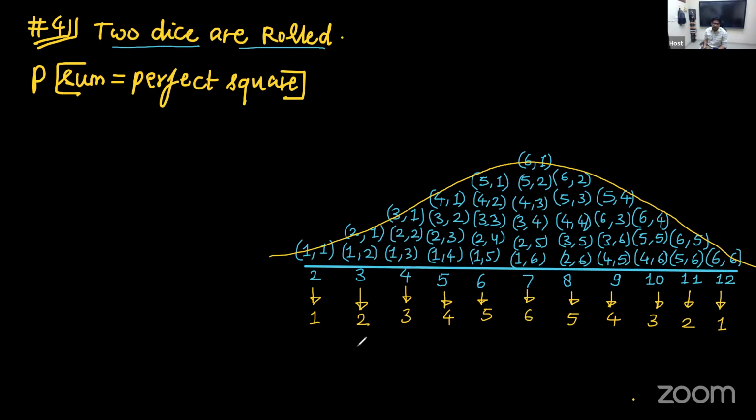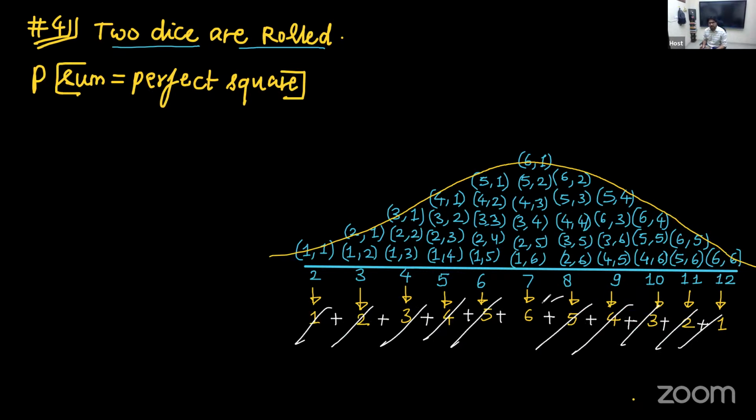I want the sum to be a perfect square, and I'm just going to count the total number of outcomes. 3 plus 2 plus 1 is 6, and 3 plus 2 plus 1 is 6, which is 12; 12 plus 4 is 16, plus 4 is 20, 25, 30, 36.